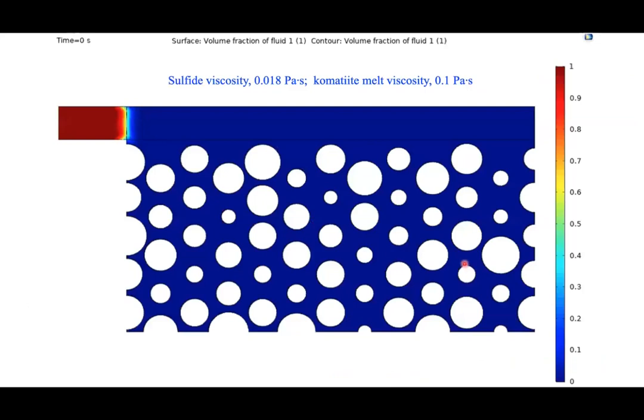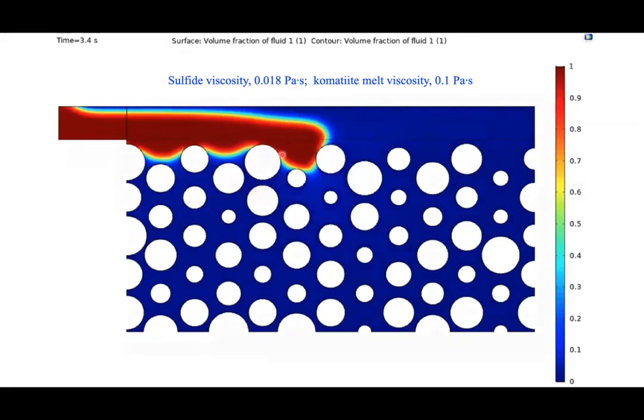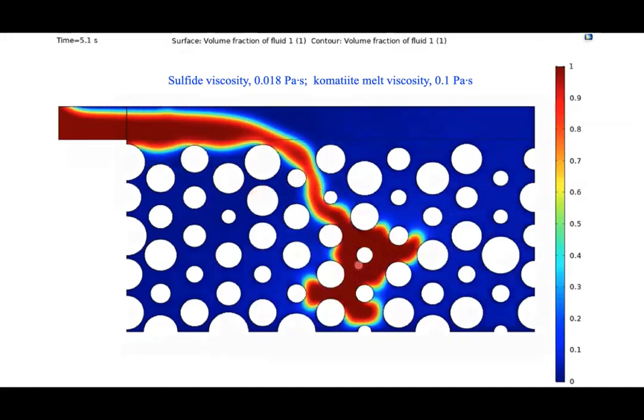Here, this was on a weekend, I just had fun doing modeling. Here I think this is the crystal mesh, and the white circles represent the crystals, and here is the flowing sulfide liquid. And we can see the downward percolation of the sulfide in this crystal mesh.